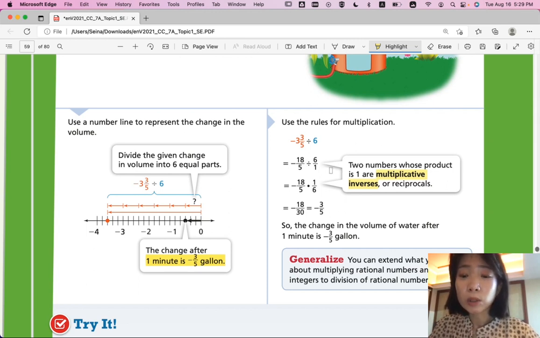These are called multiplicative inverses or reciprocals. By multiplying 18 times 1 and 5 times 6, you get negative 18/30, which is simplified into negative 3/5. So the change in the volume of water after 1 minute is negative 3/5 gallons.